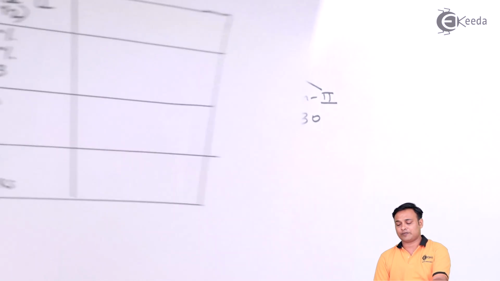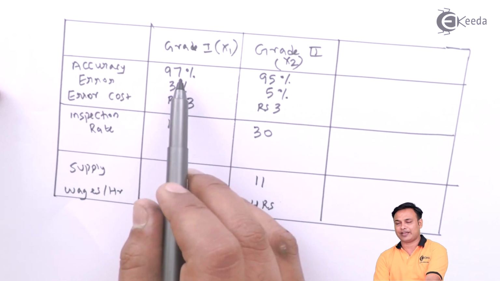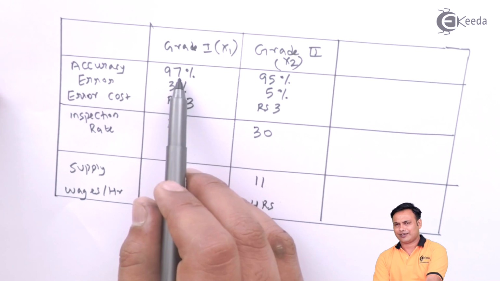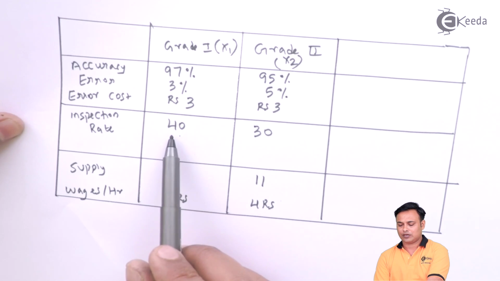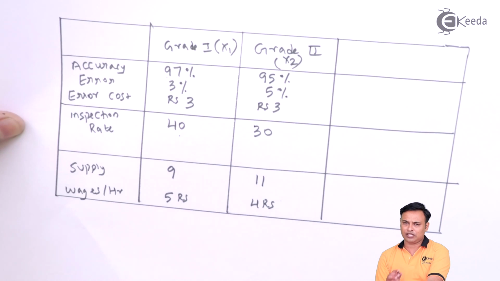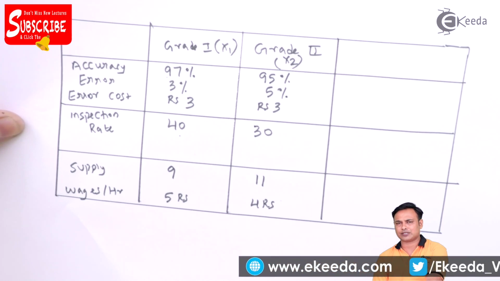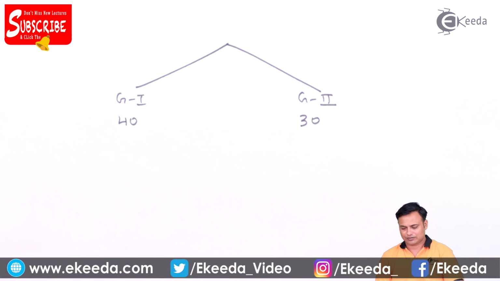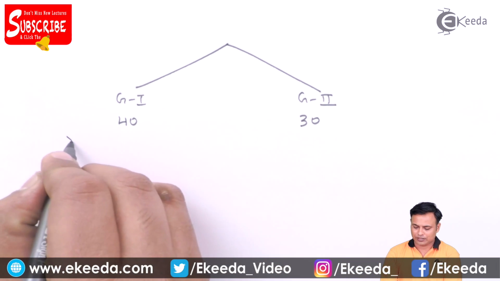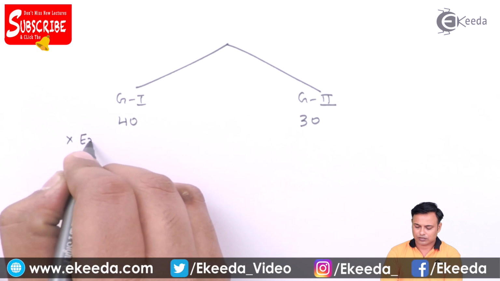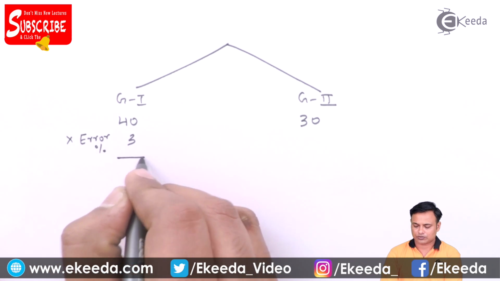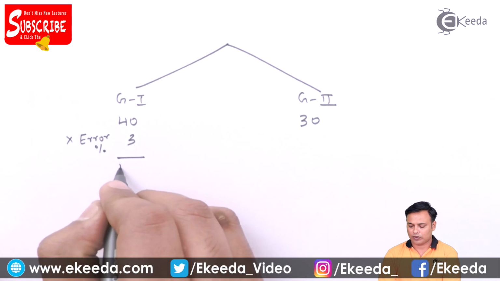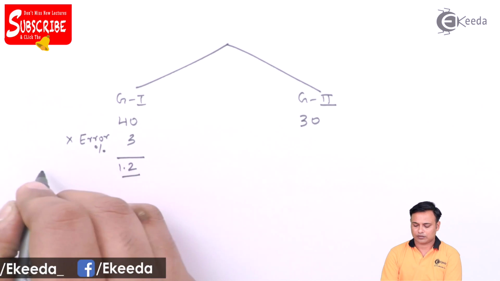Now grade 1 inspector has an accuracy of 97%. That means if he is inspecting 40 pieces, 97% he will accurately inspect. Remaining 3% there will be an error. So I'll multiply this with the error percentage, which comes to 1.2 errors.